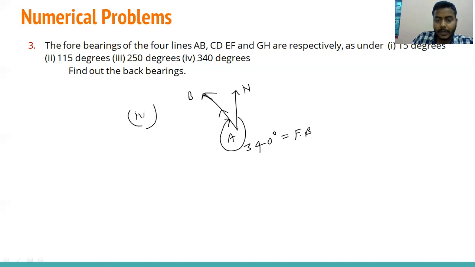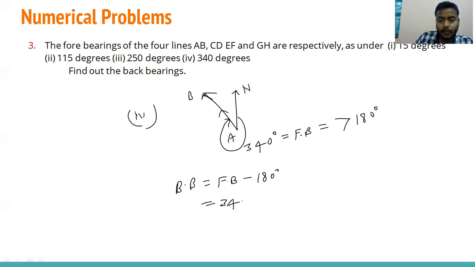So that is called fore bearing, and this is greater than 180 degrees. So we will apply the formula with the minus. 340 degrees minus 180 degrees. What will come? Calculate. 160 degrees.